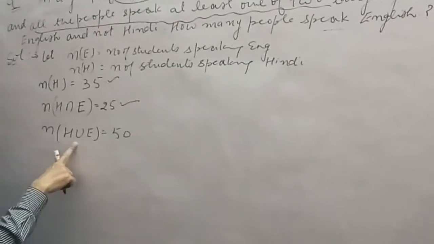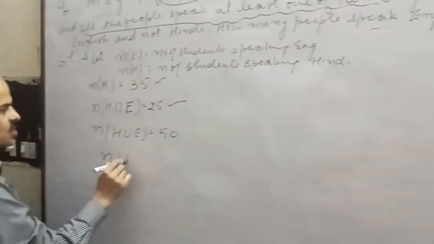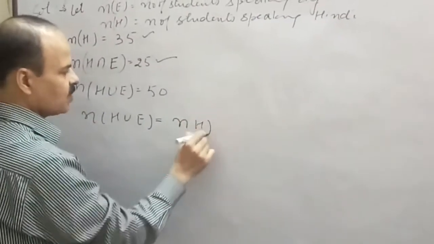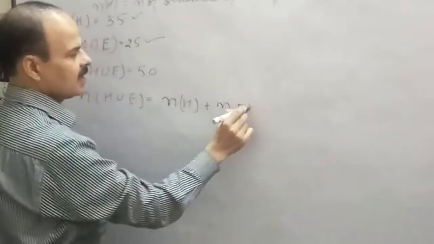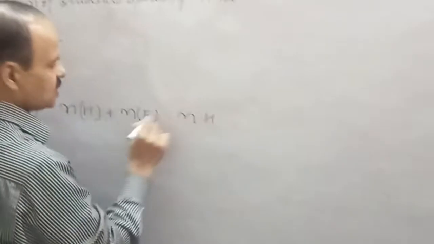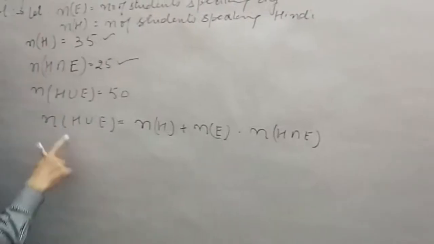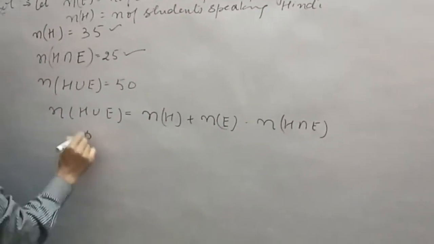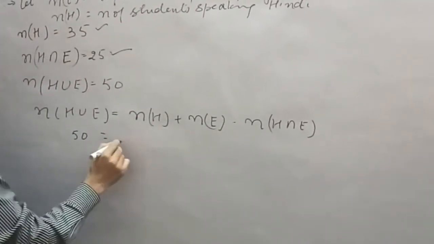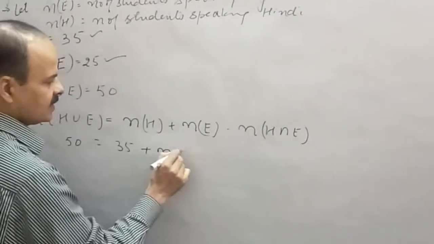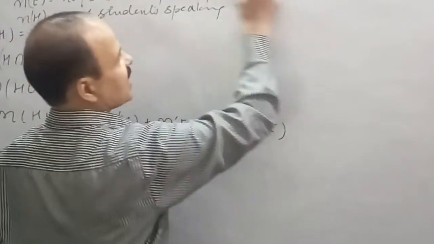Now we'll apply this formula n(H union E). The formula will be n(H) plus n(E) minus n(H intersection E). Just put the values. n(union) is given 50, n(H) is 35, n(E) we have to calculate. We are calculating those speaking English.